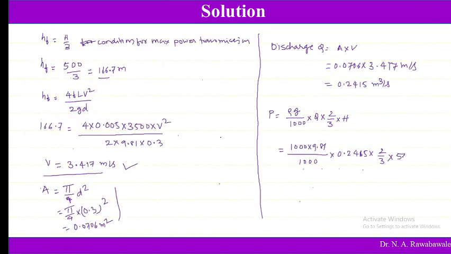We are going to find out maximum power, P max. By simplifying this, we get 689.7 kilowatt power is transmitted.